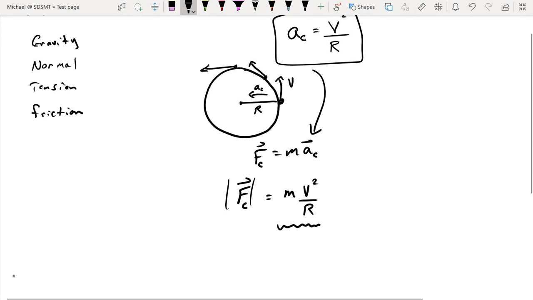Everything over here is basically a product of applying this centripetal force to our mass. Just like with Newton's second law, if we apply a force to a mass, then that mass will start to accelerate at a given rate.